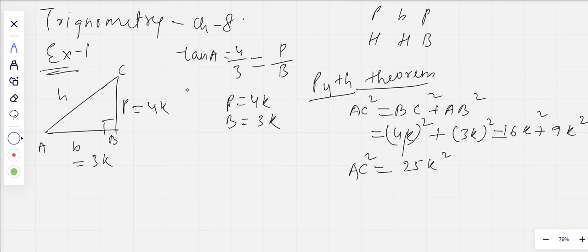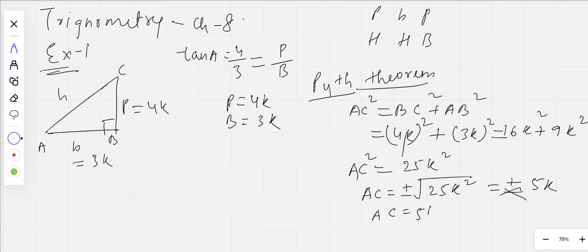AC square equals 25k square. Now AC equals, you need to take the square root, plus minus the square root of 25k square. So if you remove the square root, it will be 5k, since 5 squared is 25. Since sides cannot be negative, we'll ignore the minus sign. So the value of AC is 5k. So this is 5k for us.